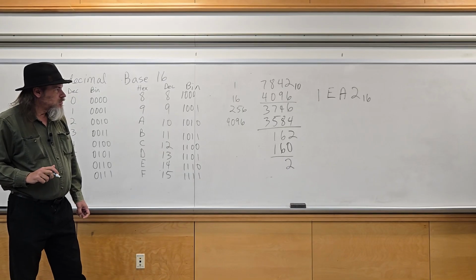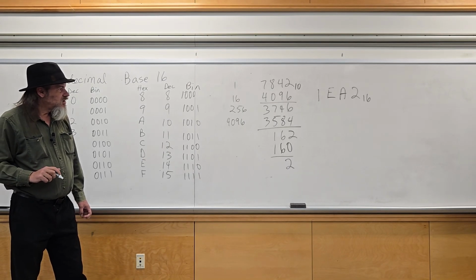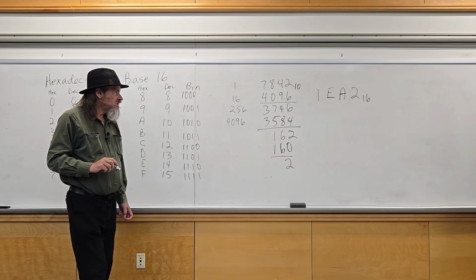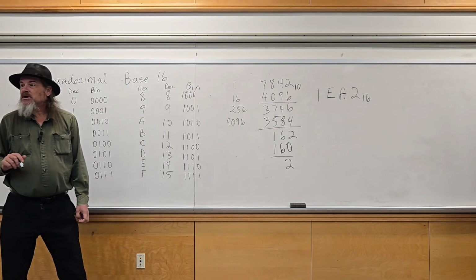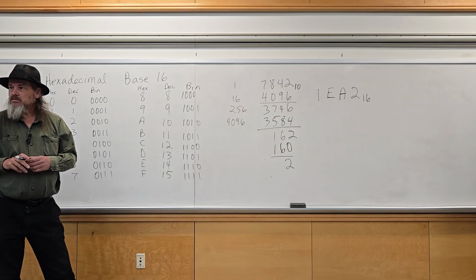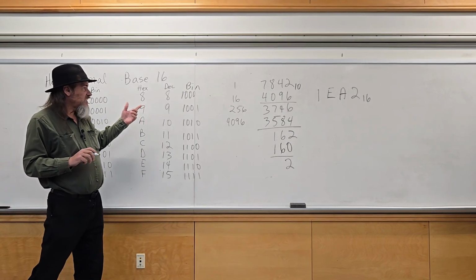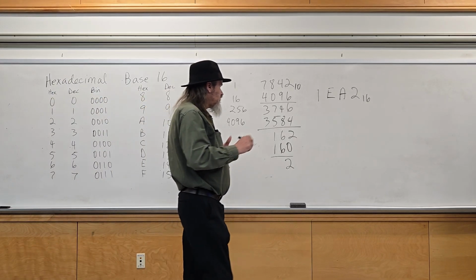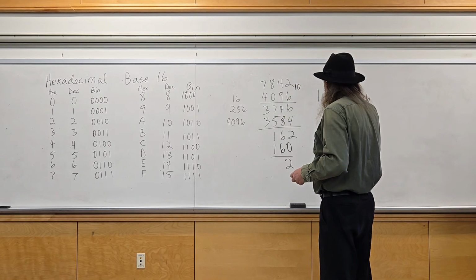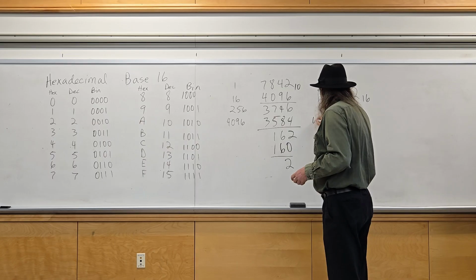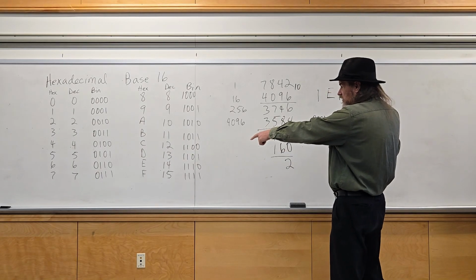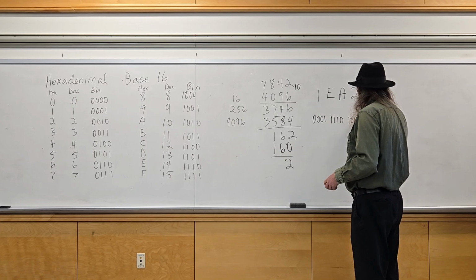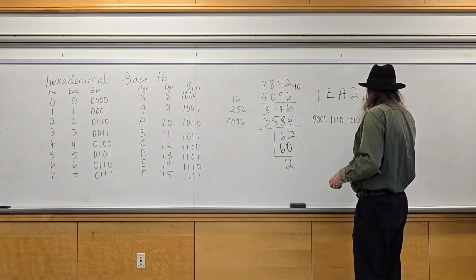Yes, base 16 is hexadecimal. Now to convert that number to binary, just as an exercise, 1 is 0001. E is 1110. A is 1010. And 2 is 0010.